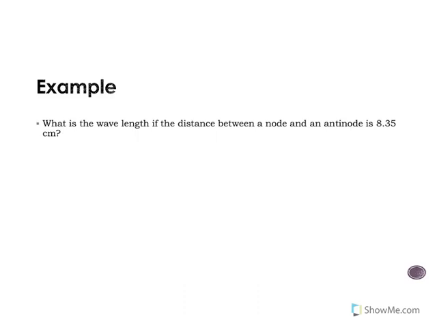So an example: what is the wavelength if the distance between the node and the antinode is 8.35 centimeters? If we have a wave that travels and then hits a fixed position and is reflected back off that fixed end, and it just keeps going like that, this question is asking us, what's the wavelength?